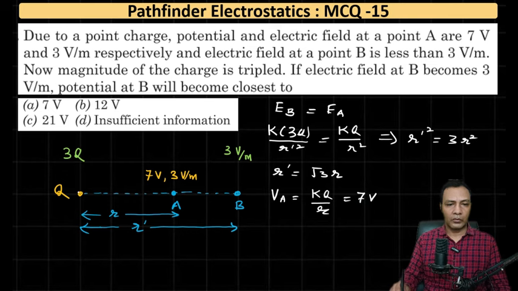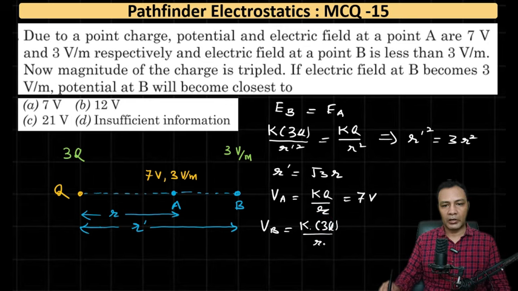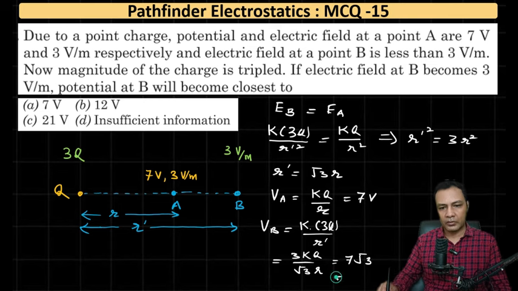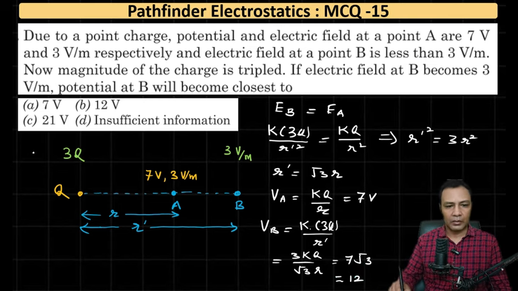When we make the charge 3Q and go to B, which is at a distance R dash, the potential at B will become K into 3Q divided by R dash, and in place of R dash I can write root 3 R, so 3KQ divided by root 3 R. You can see that KQ by R is 7, and 3 by root 3 is root 3, so that will be 7 root 3, and 7 root 3 is closest to 12. So the answer would be close to 12, and that is our answer.